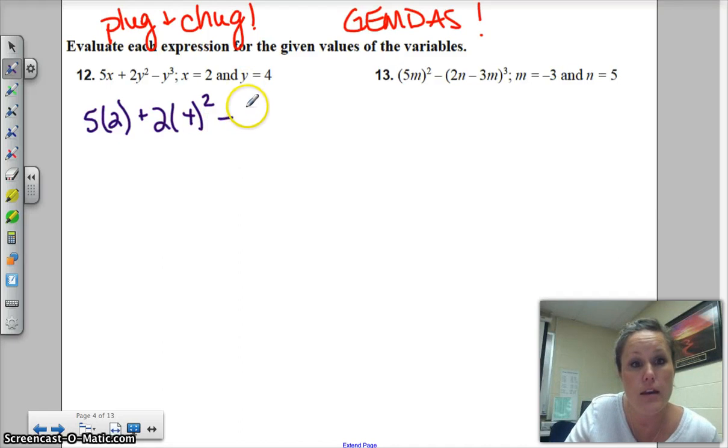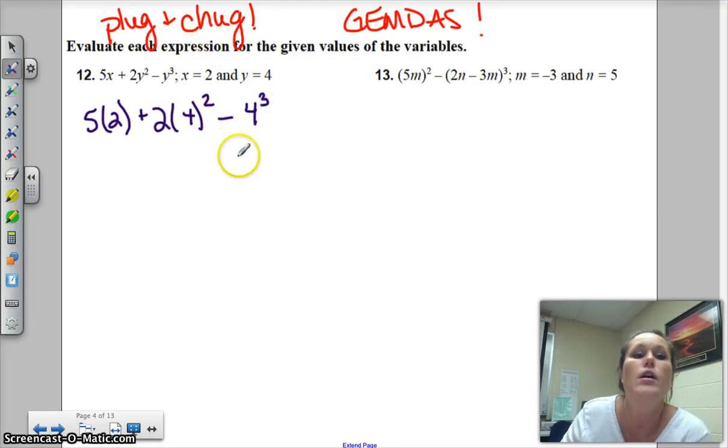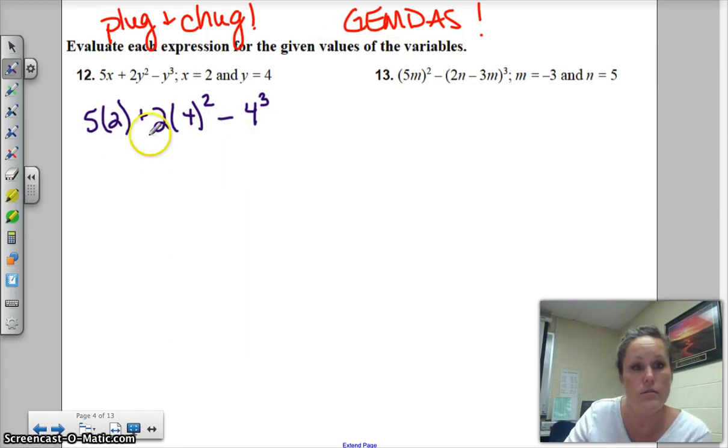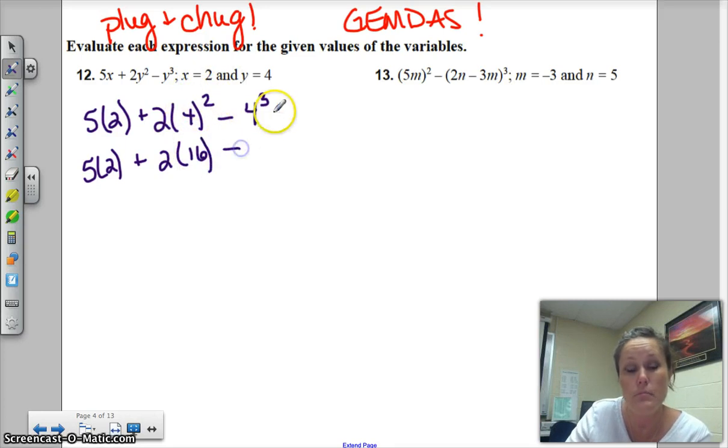And then minus 4 to the 3rd. Okay, now we can solve. Do I have anything in parentheses to do? No. I have now exponents. So 5 times 2 plus 2 times, this is the part of the exponent that I'm doing, so 4 squared is 16 minus 4 to the 3rd, I think that was 64, isn't that what I just did?